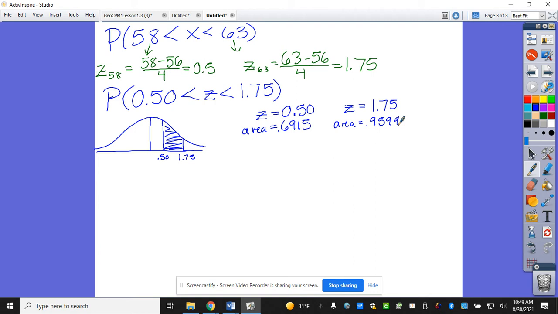So I now need to do what with those? Subtract, 0.9599 minus 0.6915, which gives me 0.2684.